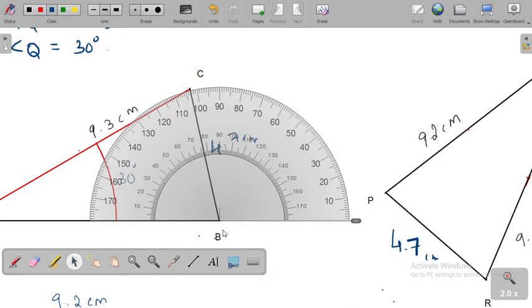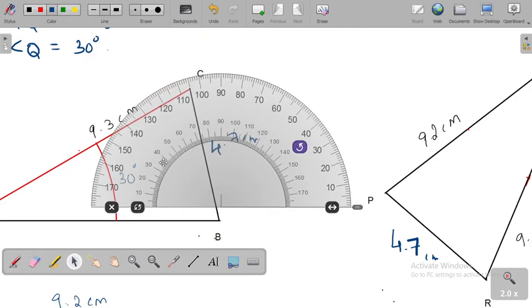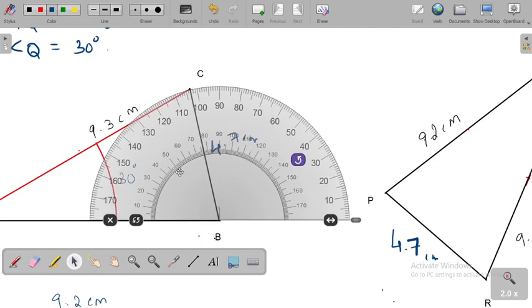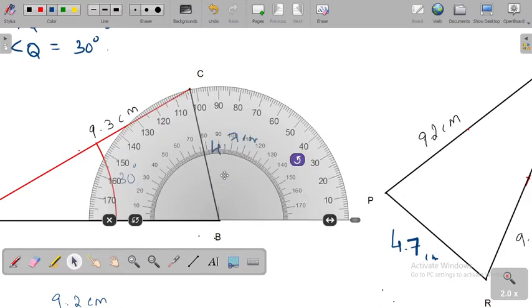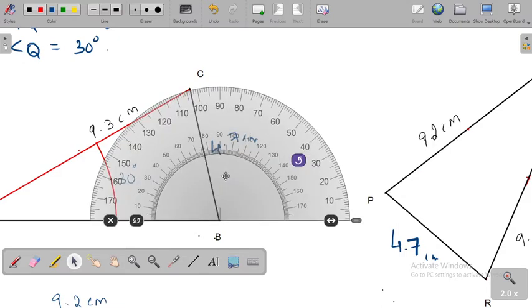In which direction did you take? This or this? This, right? Yeah, it's like 76 maybe. So approximately 80. 77 to 78, ma'am. Okay.